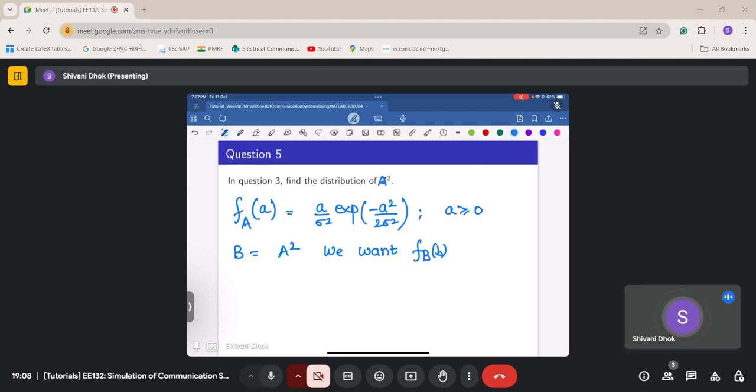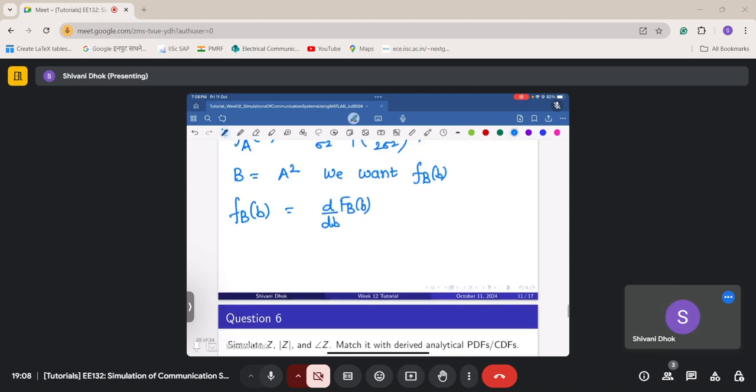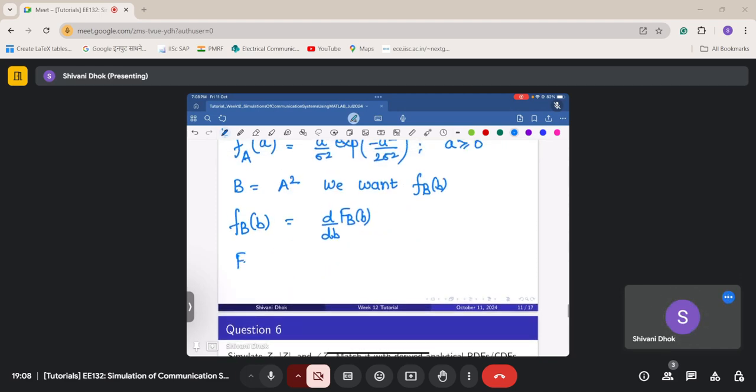Okay, we want this. So for that, we'll write f_B(b) as the derivative of your CDF, and your CDF is the probability that B is less than or equal to little b.